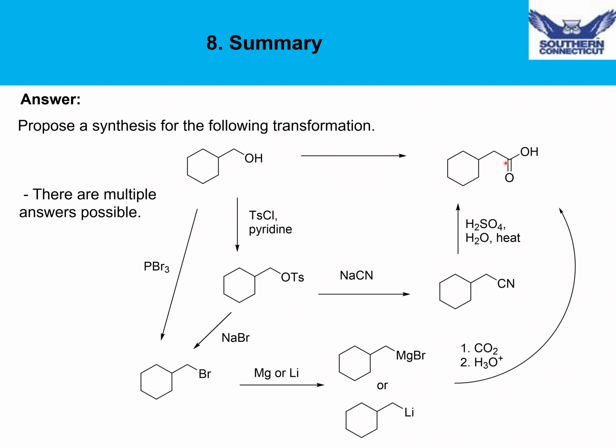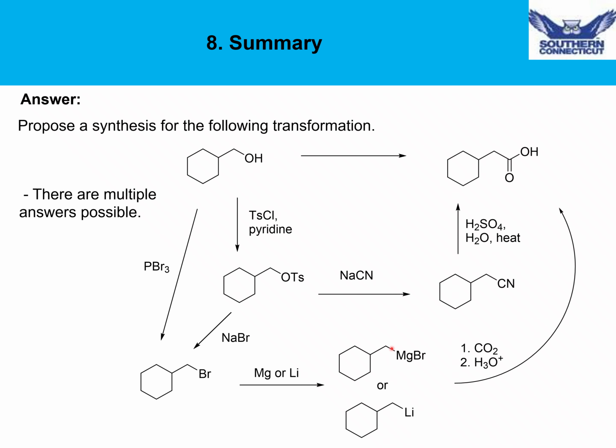Another way that we can make this synthesis complete is by converting the alcohol into an alkyl halide. So we could use PBr3, for example, to convert it into this bromide, or we could use sodium bromide to replace the tosylate in this compound with a bromide. And then the alkyl halide can be converted into a Grignard or an organolithium by adding magnesium or lithium.